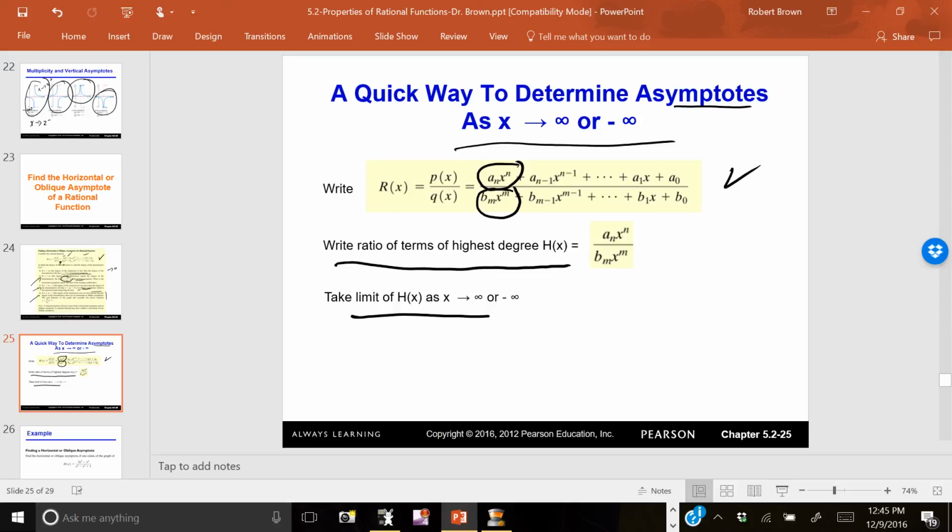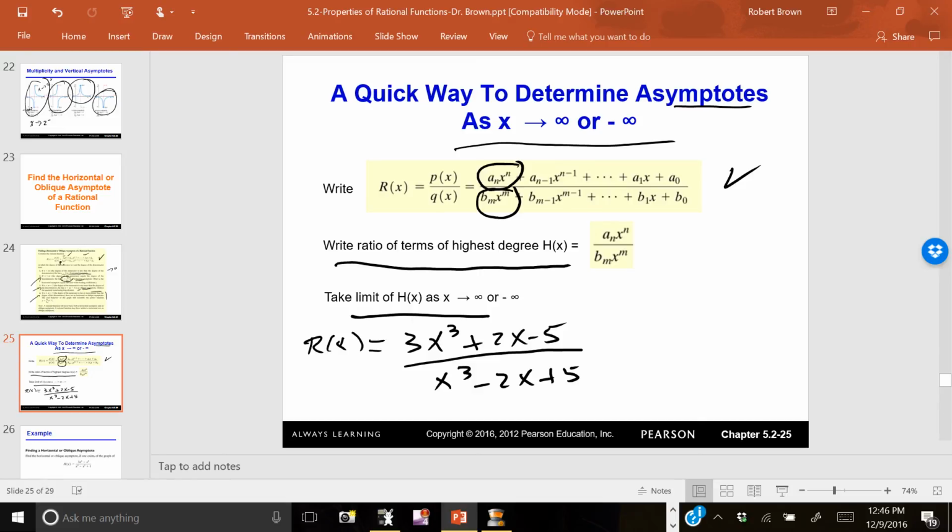Suppose r of x equals 3x cubed plus 2x minus 5 over x cubed minus 2x plus 5.